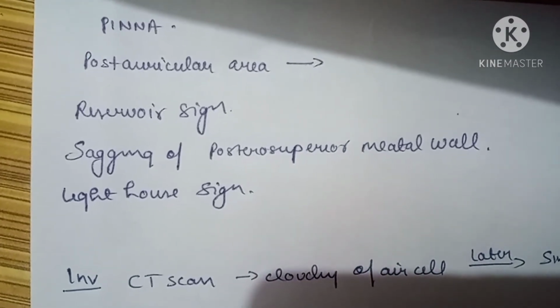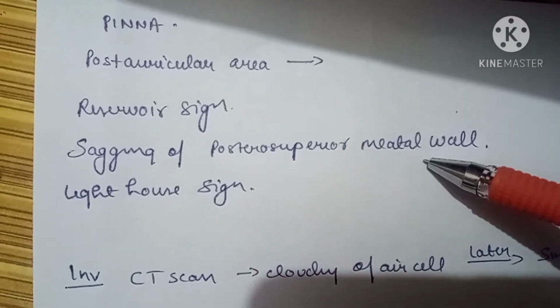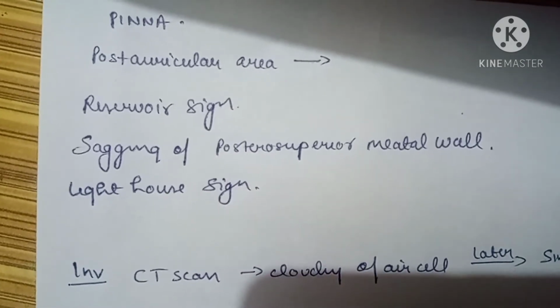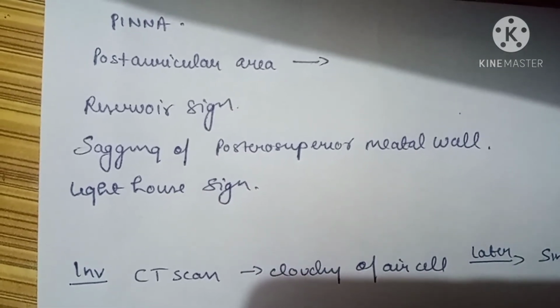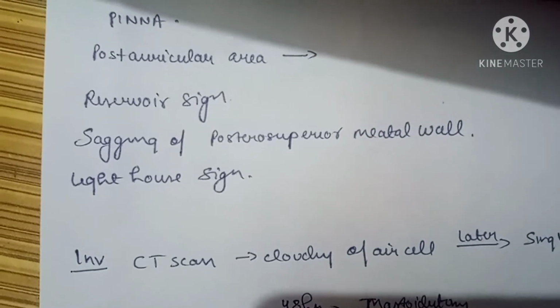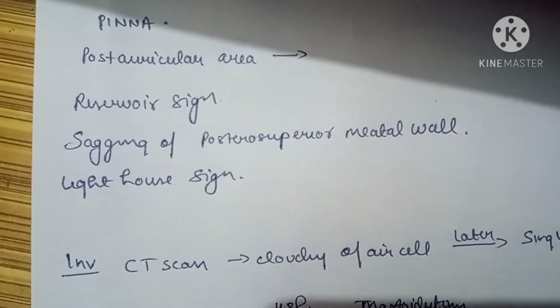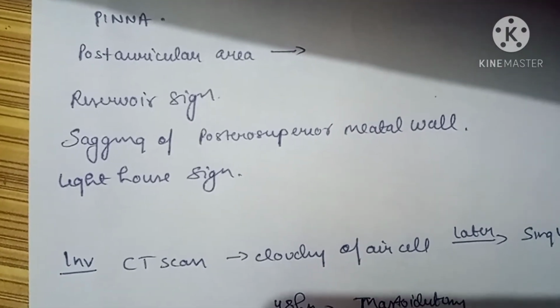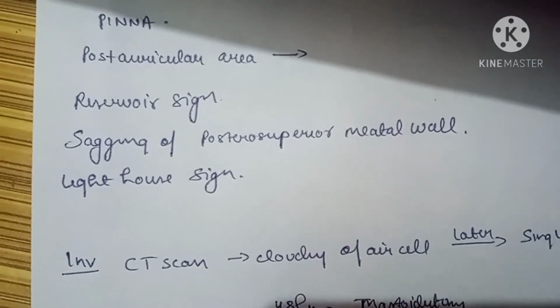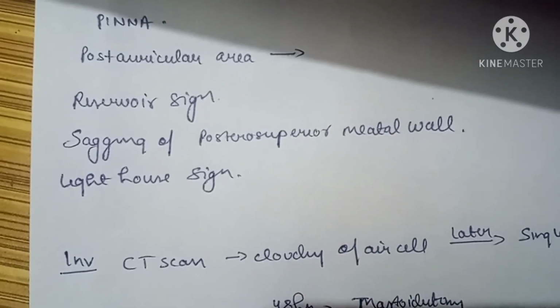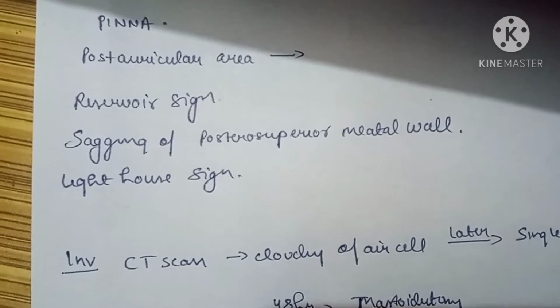The fourth thing is sagging of the posterior superior meatal wall. Since we know that the posterior wall of the middle ear and the mastoid anterior wall are common, and this mastoid wall also forms the deep part of the external auditory canal.